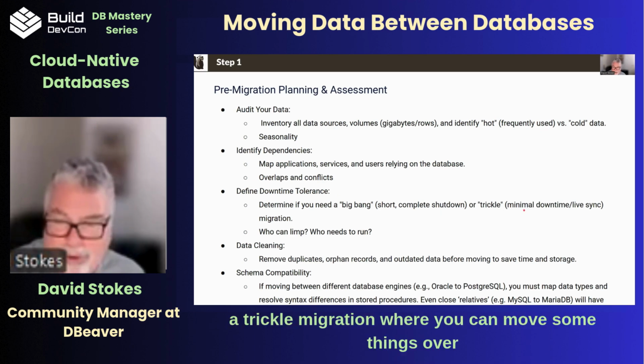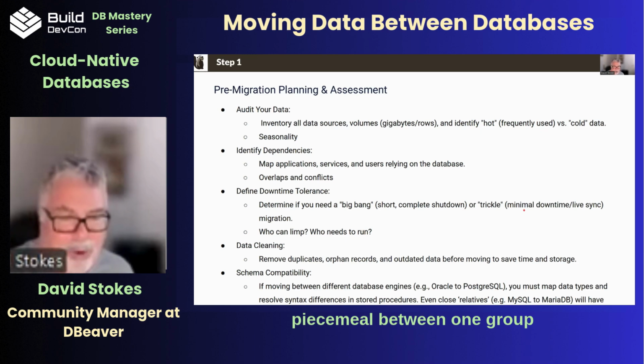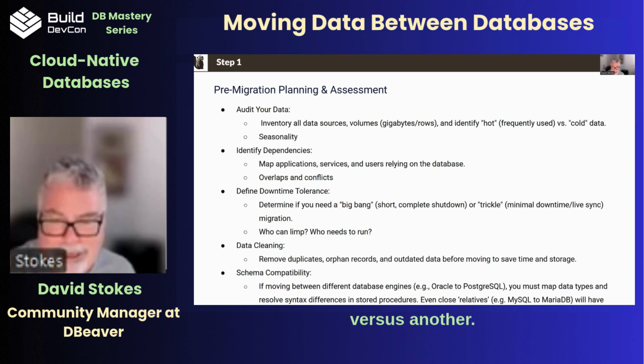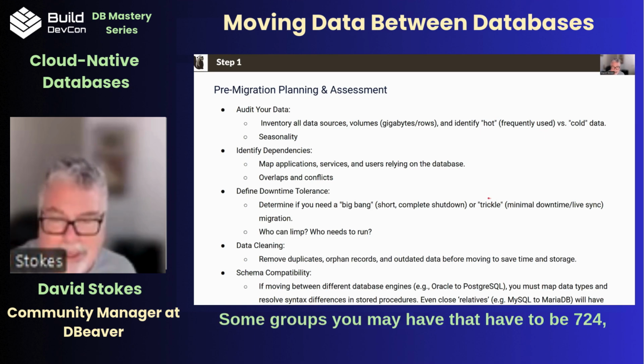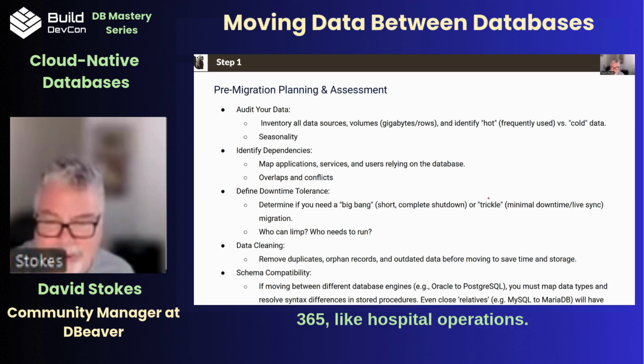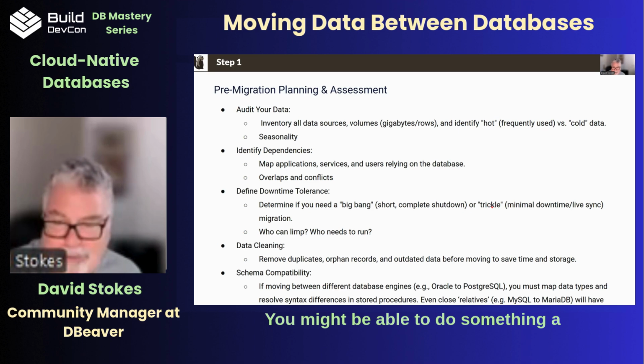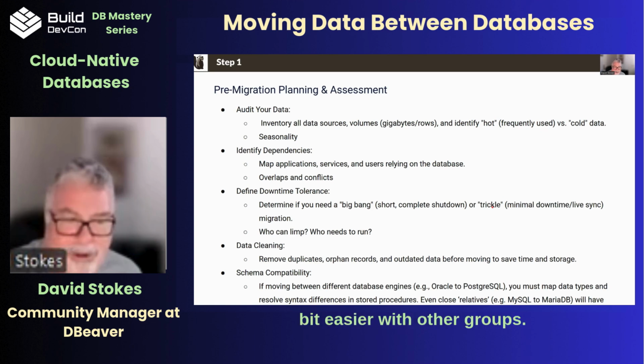Also, there's a trickle migration where you can move some things over piecemeal between one group versus another. Some groups you may have that have to be 24/7, 365, like hospital operations. You might be able to do something a little bit easier with other groups.